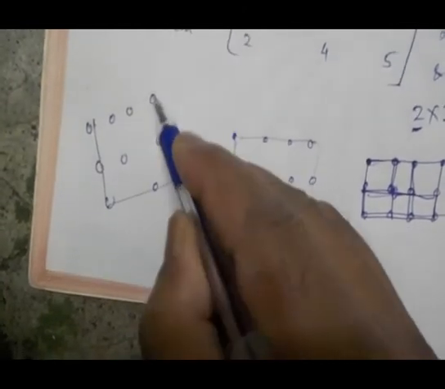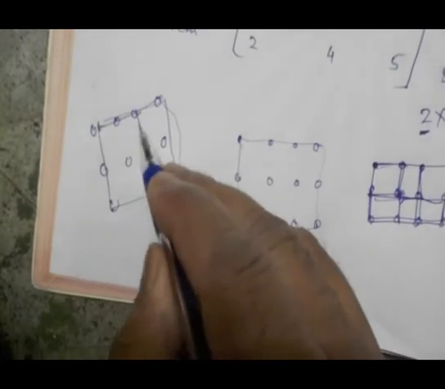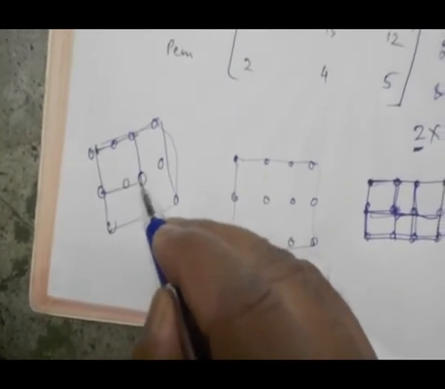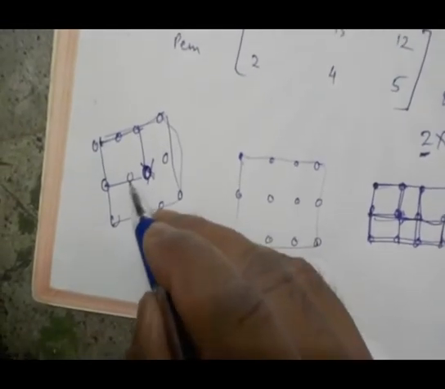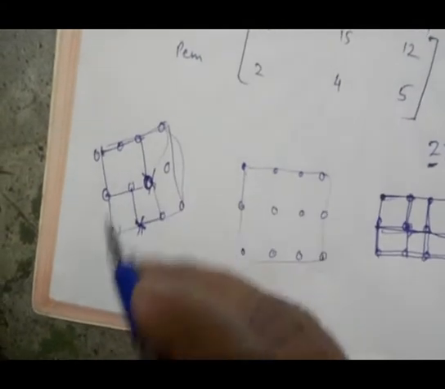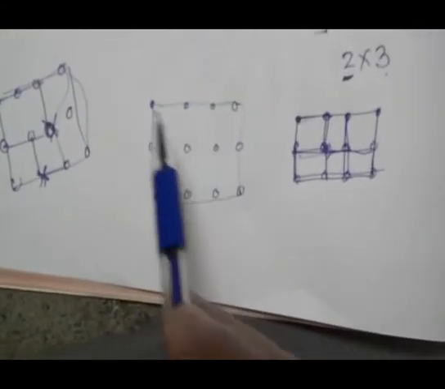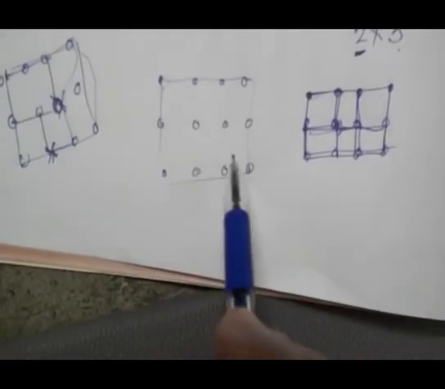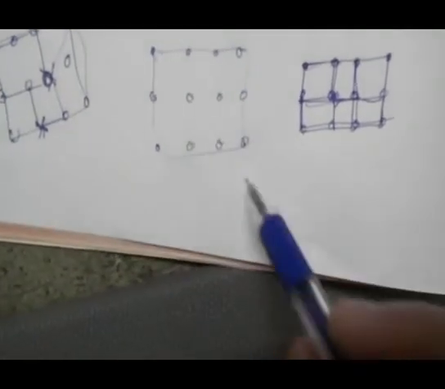Can you say it is also a rectangle? No. If you try to find it, you are missing a corner here. There is no corner here. So this representation is not an array. In an array, each row should have the same number of elements, and each column should have the same number of elements.